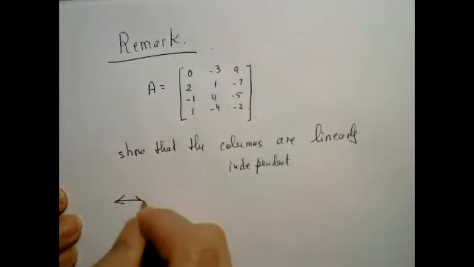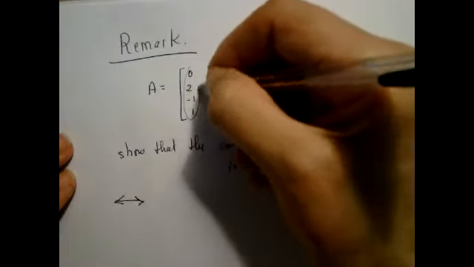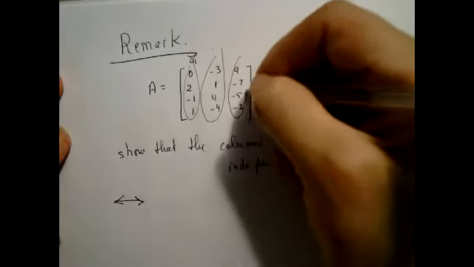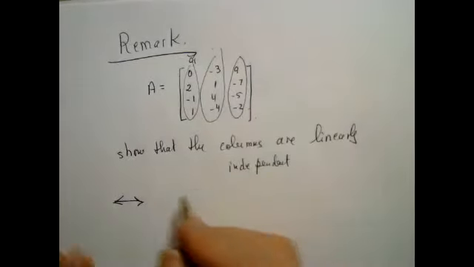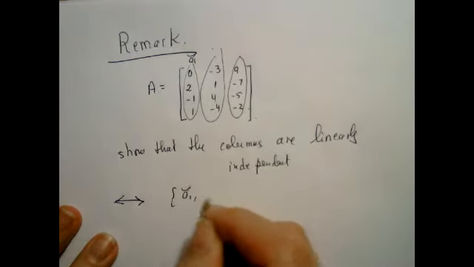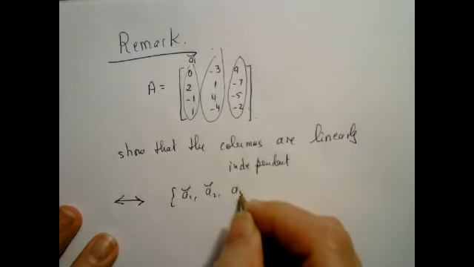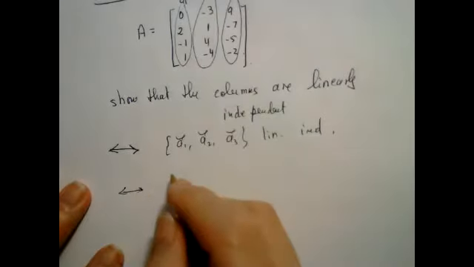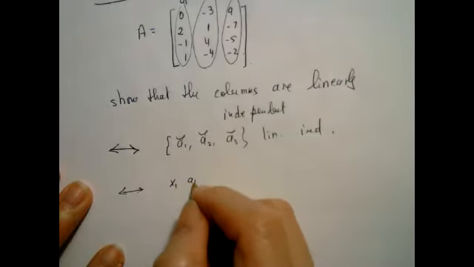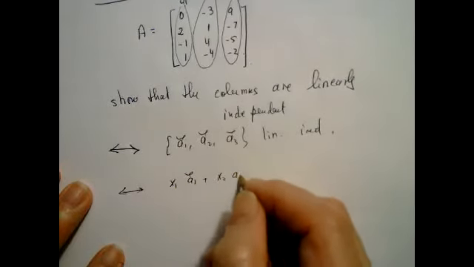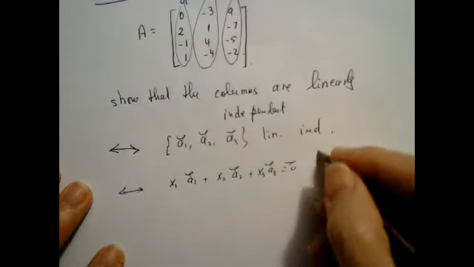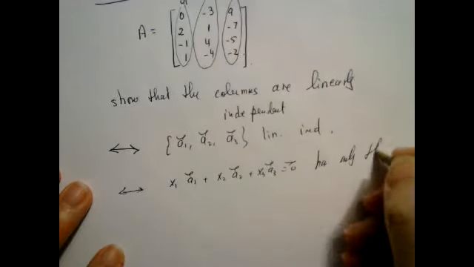Basically this is equivalent to showing that the vectors a1, a2, a3 are linearly independent, and this means showing the following: x1a1 plus x2a2 plus x3a3 equal to 0 has only the zero solution.